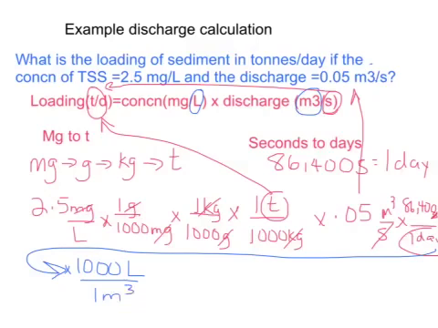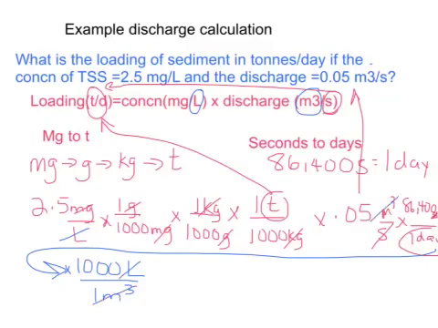And that's the relationship, because there are 1,000 liters that I can fit in a cubic meter. So my cubic meters, my liter, cancel out here, and my cubic meters down below will cancel out up here.